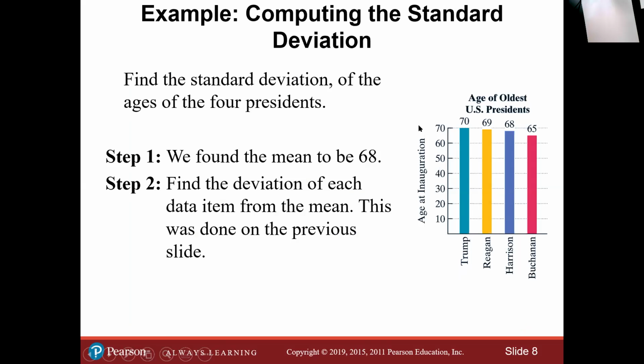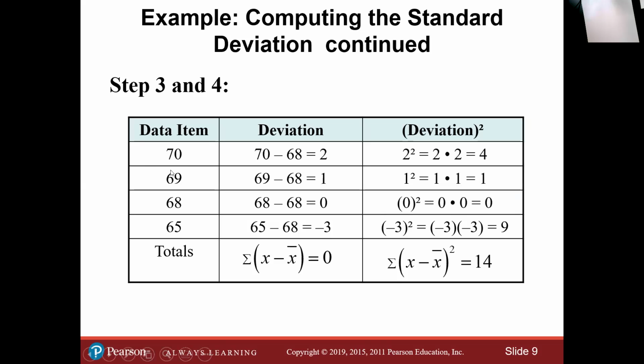So here, if we want to know the standard deviation of this data set, we take each item, subtract the mean, square the results, and add those together. That gives us a sum of squares of 14.